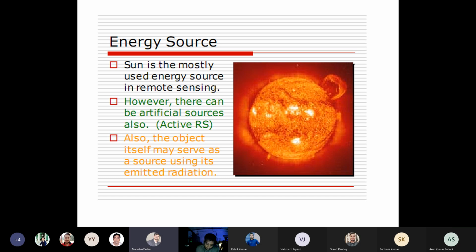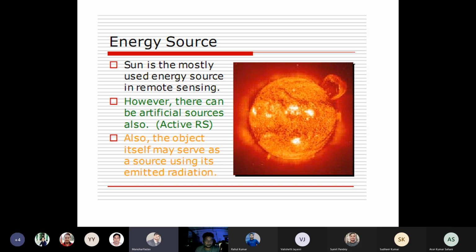So mostly for remote sensing, we consider the sun as the external energy source. But obviously there are other artificial sources which are also used in active remote sensing systems. And even many objects also serve as an energy source, radiating the energy component.